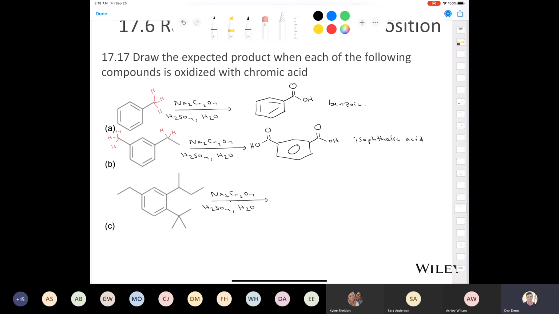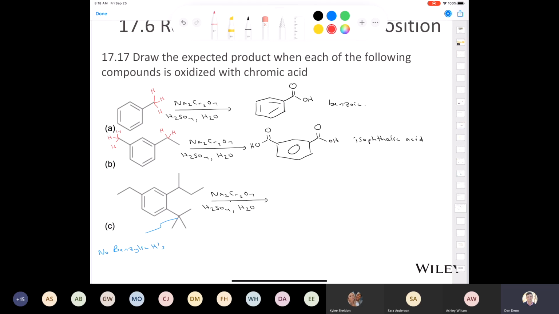Yes, exactly. Thanks, Sarah. Thank you, Kate. There's going to be 2. There's only going to be 2 because there are no benzylic hydrogens here, and so we're not going to get any oxidation at that tertiary carbon.